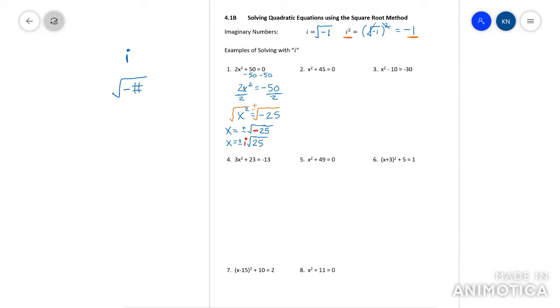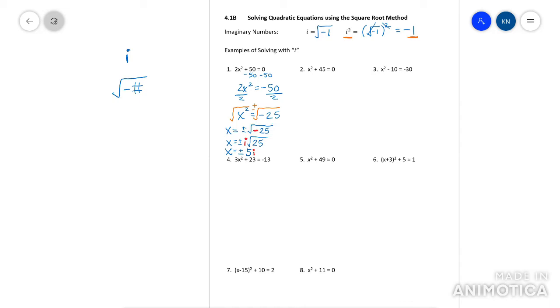And so now you're looking at this and you're like, I know what root 25 is. It's 5. So x equals plus minus 5i. So essentially, you can just look at your negative root, call it positive with an i in front. That's the key takeaway. And then proceed as normal.